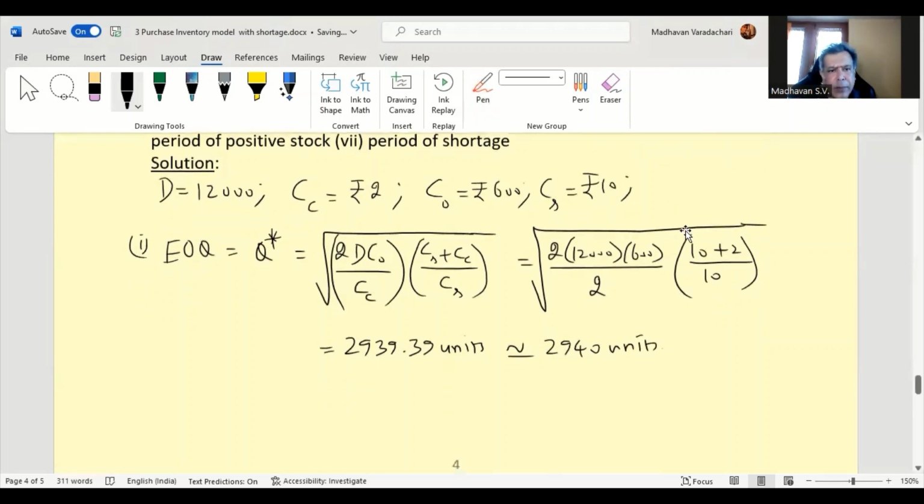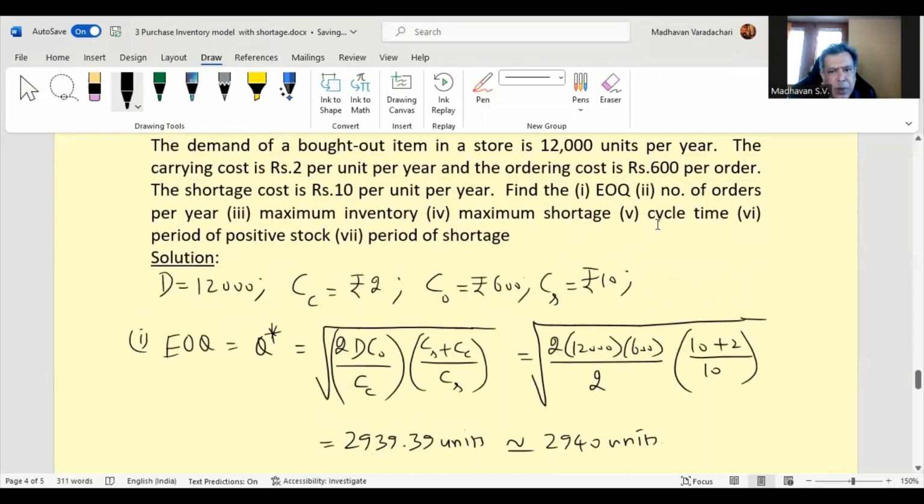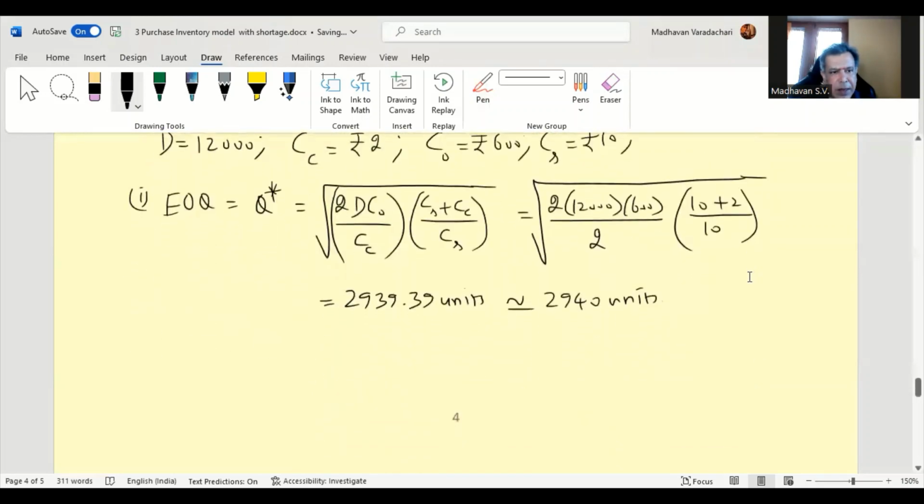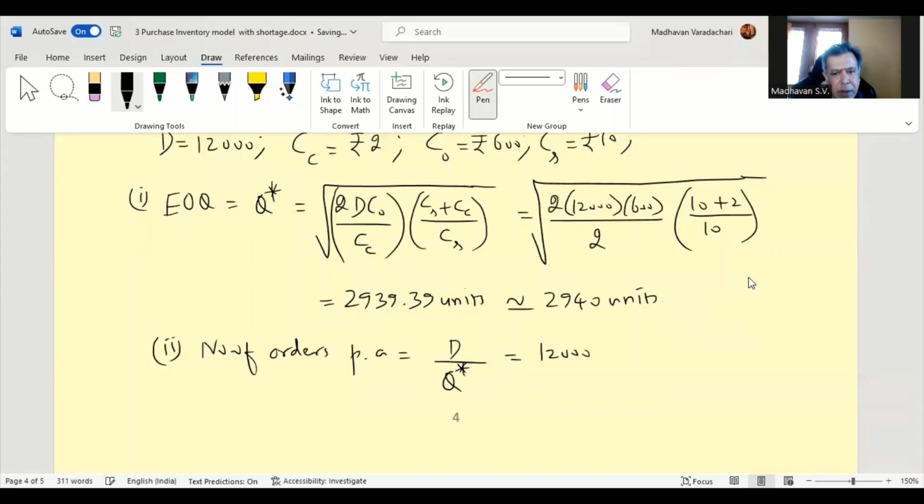Okay, next one, number of orders per annum will be D divided by Q star. Annual demand is 12,000 and Q star we calculated as 2939.39.